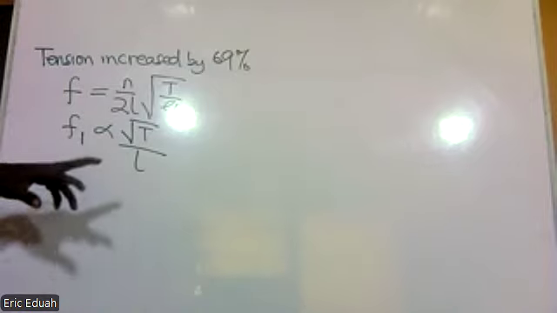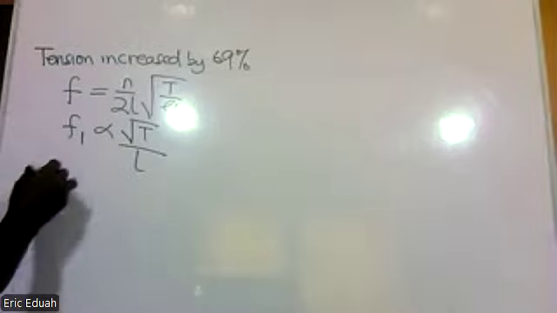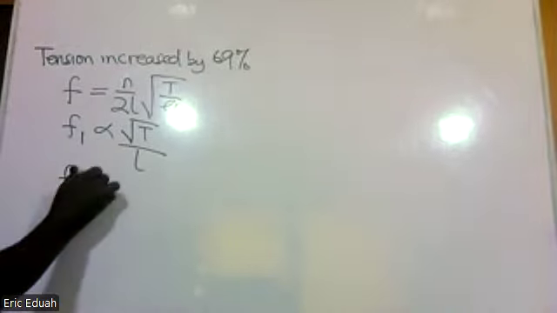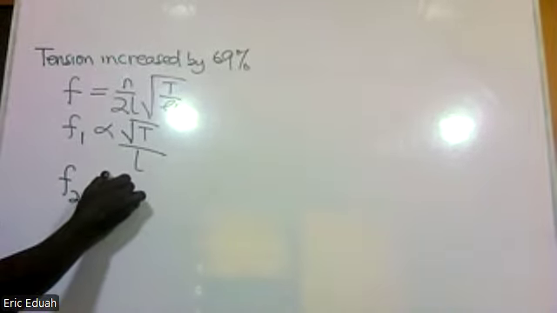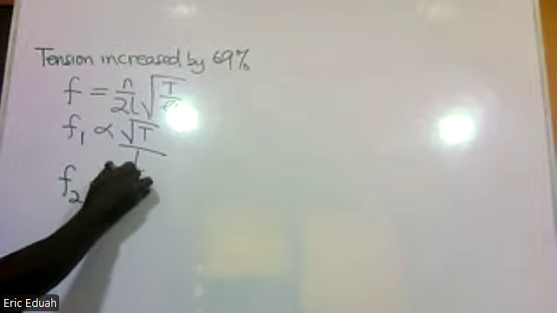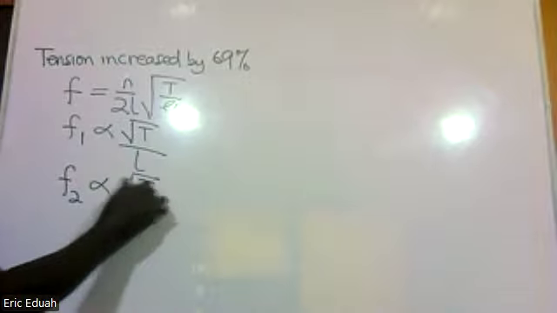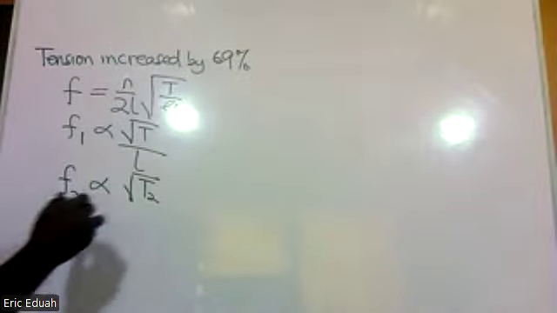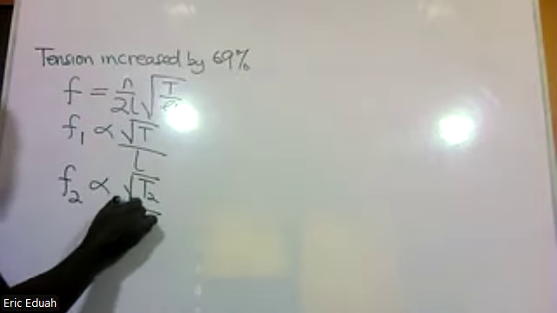So when you vary the length, F2 must be proportional to root of T2 and inversely proportional to L2.